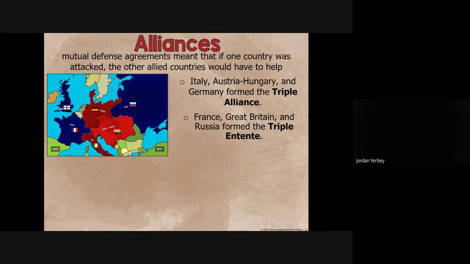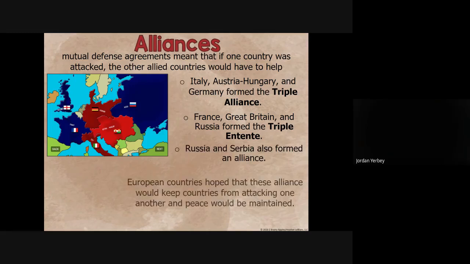Just before World War One, you had these two major alliances, but there were also some smaller alliances. Russia and Serbia had an alliance. European countries, like I said, hoped that this would prevent war and provide peace, but these alliances helped cause more war because each side had to defend their allied partners.